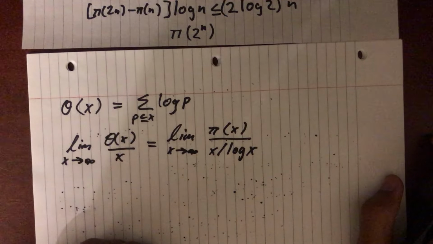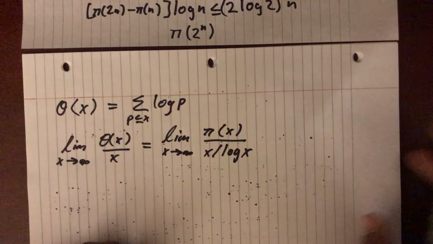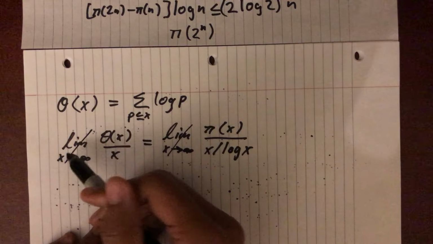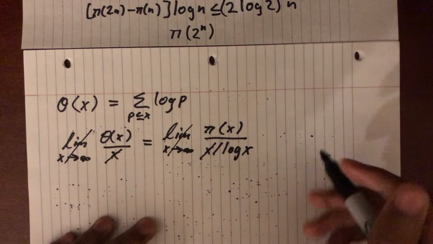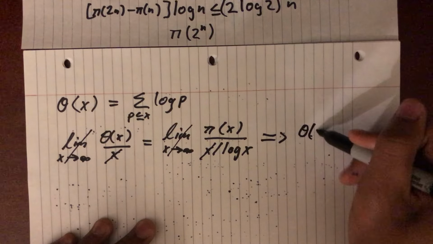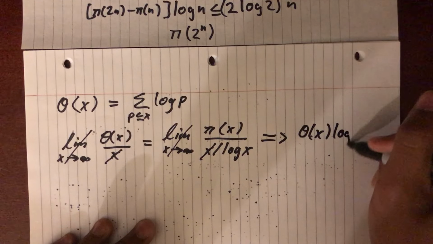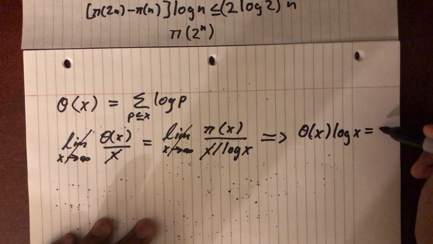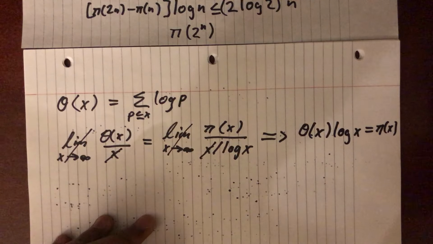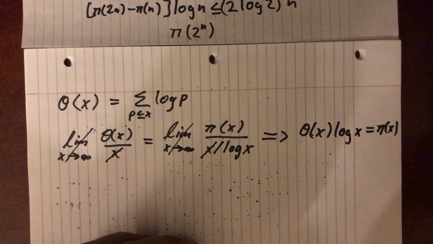So showing pi of x is asymptotically x over log x is equivalent to showing theta x is asymptotically x. So you can sort of, I won't say hand wavy, but you can sort of cross out these limits, cancel out the x, and you get the relationship that, if we're thinking about really big numbers, we could say theta of x is about pi of x log x. Great.